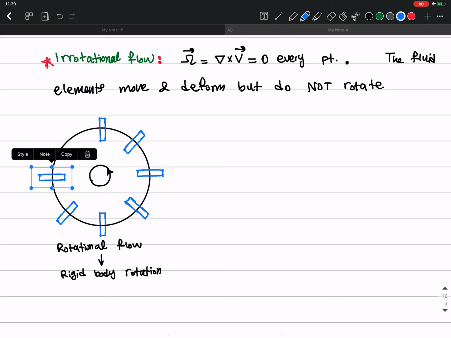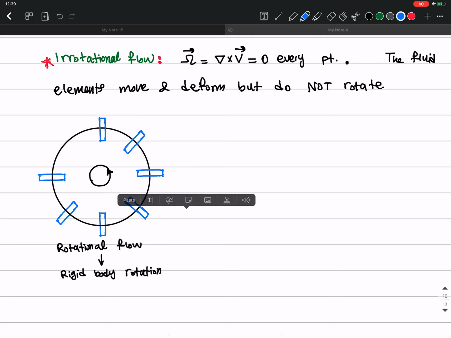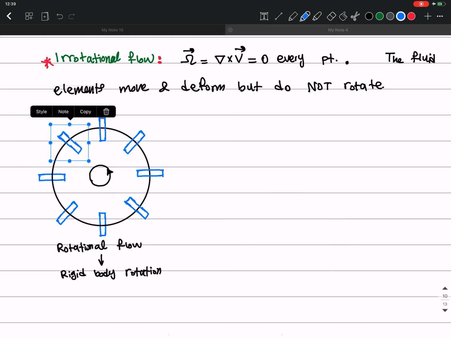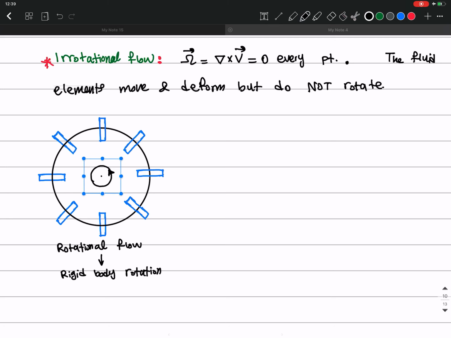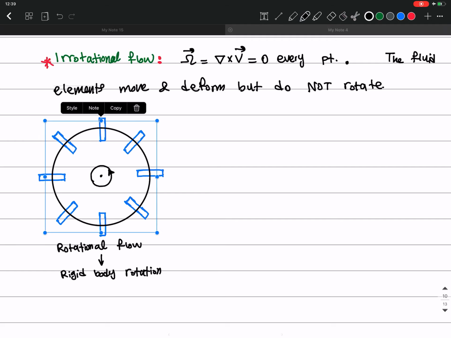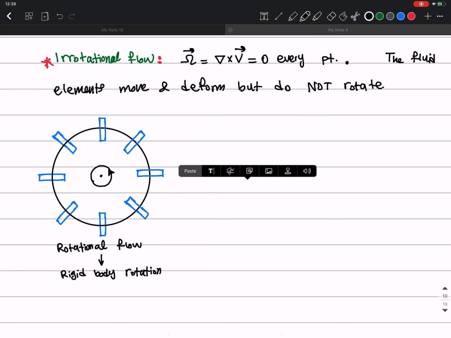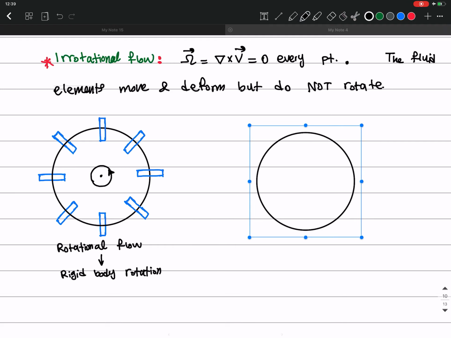So it is rotating both itself and also around another axis, right? This is what we call rigid body rotation. It needs to have some rigid body rotation in order to have this rotational flow. But we can have this large scale rotation, but still have an irrotational flow.